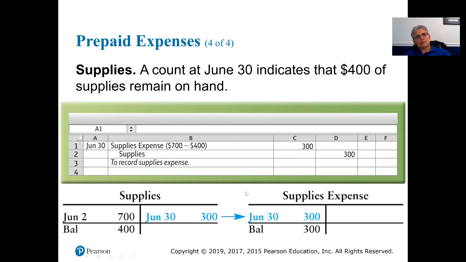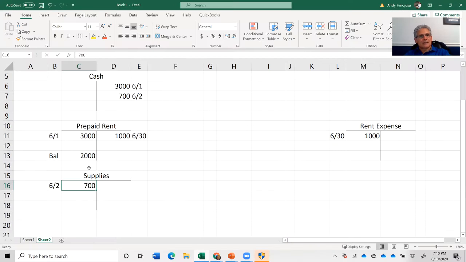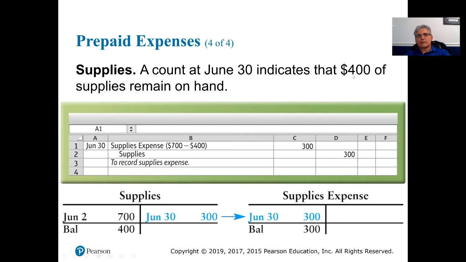Well, we purchased $700, and that's what we have in supplies, and this is supposed to represent what we have on hand. But we go and count it, and it's only $400. So we need to make an adjusting entry, an adjustment. And the way we're going to do that is we're going to take the 700 that we started off with, and we're going to subtract the 400 that is still on hand.